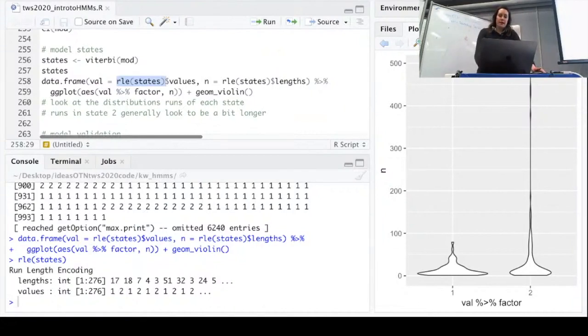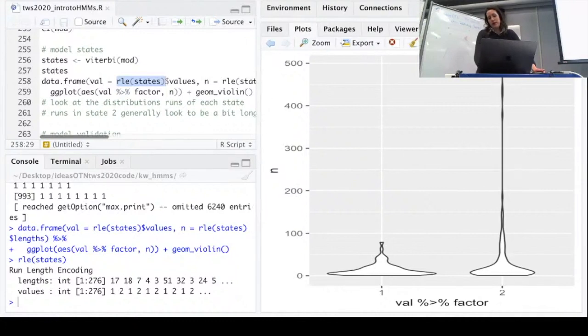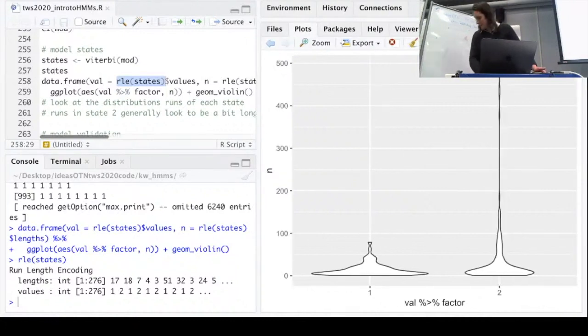You can see in this plot that state 2 has these longer runs associated with it.